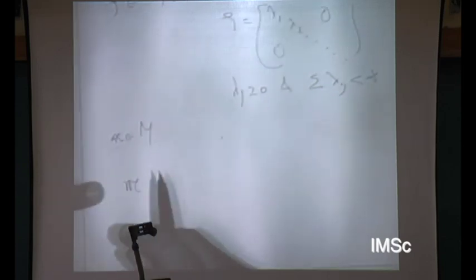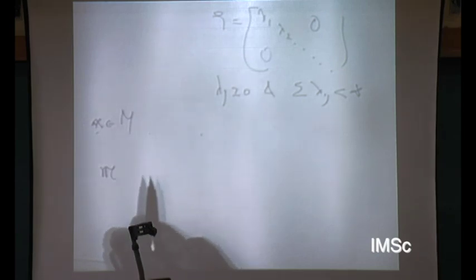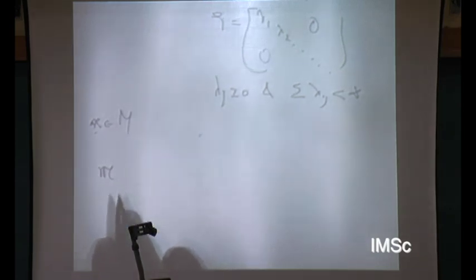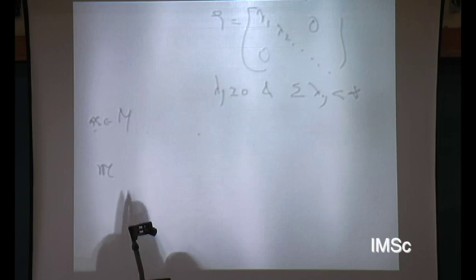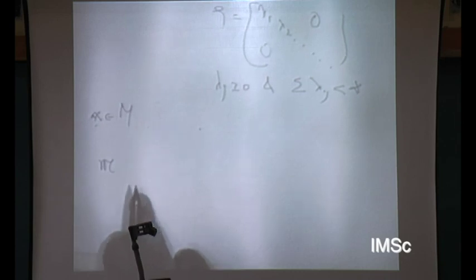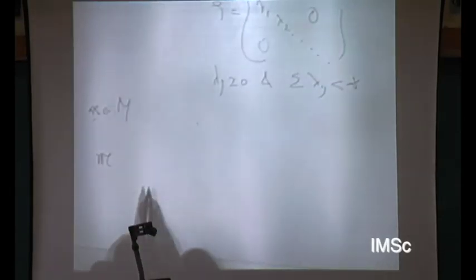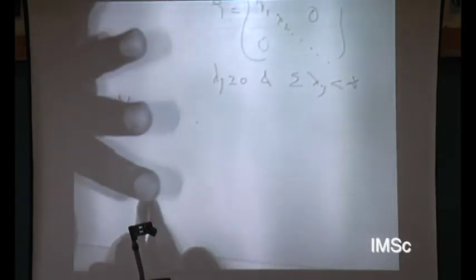If you take anything in M, you can take it as a combination of four things in D. So anything in M also will have the property that the sum of the diagonal entries will be absolutely convergent for any orthonormal basis you choose, and it will be independent of the basis.